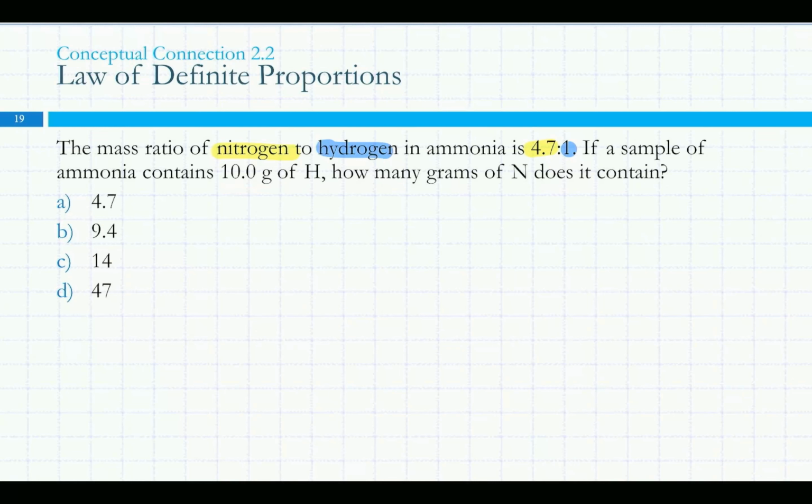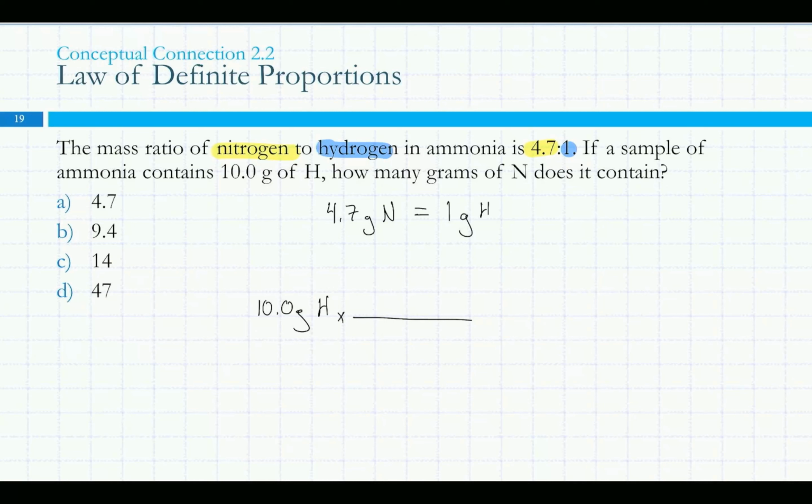This comes down to recognizing conversion factors, because this ratio is a conversion factor telling us that 4.7 grams of nitrogen equals 1 gram of hydrogen. I could have just written the H there, but we'll do that to be consistent. So if I'm starting with 10.0 grams of hydrogen, I can convert that into grams of nitrogen using this definite proportion, or this ratio of masses for nitrogen and hydrogen.